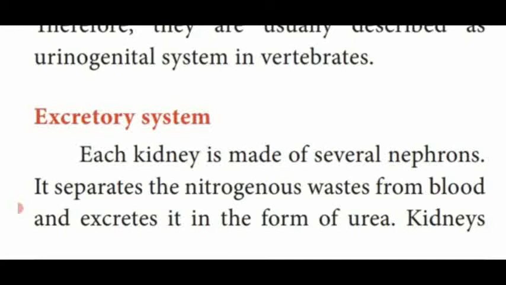Each kidney is made up of millions of structural and functional units called nephrons. These nephrons collect waste material from the blood, that is nitrogenous waste material, and excrete it outside in the form of urea.